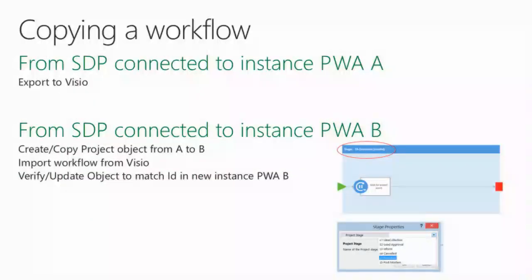So how do you do that? From SharePoint Designer, you first connect to your development instance, and you export it to Visio. Then you get out of SharePoint Designer, and you connect to your new instance or your production instance. You also need first to create and copy the different objects from instance A to instance B. For the moment, we don't have a good solution for that available in Project Server 2013.